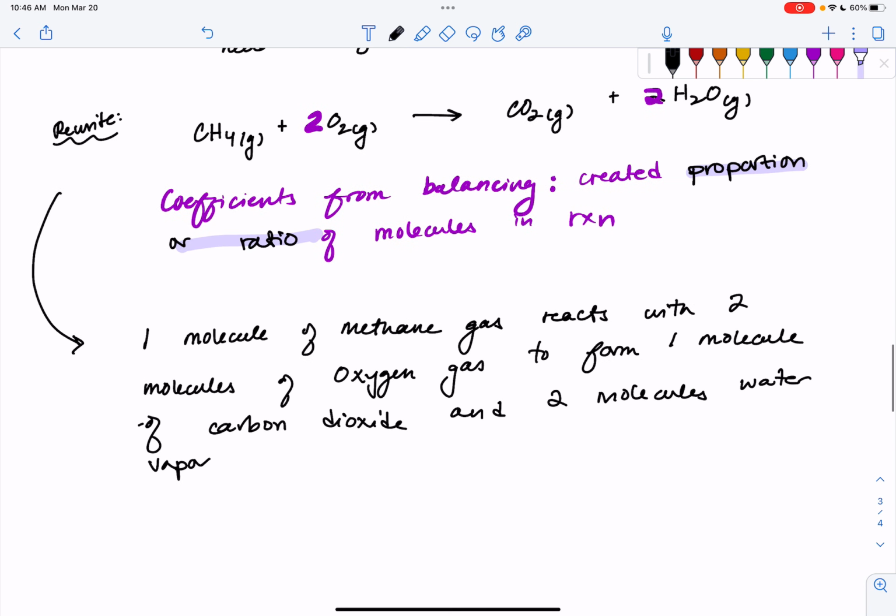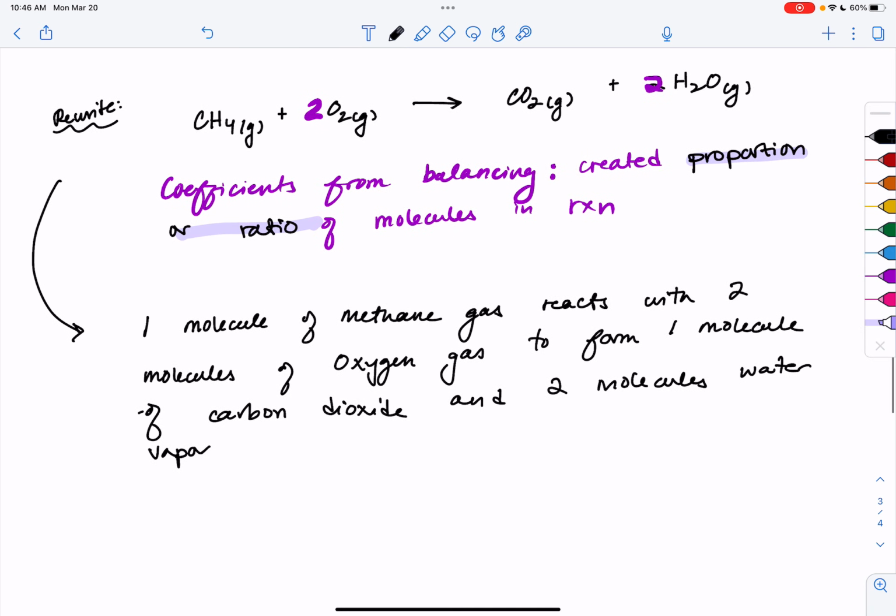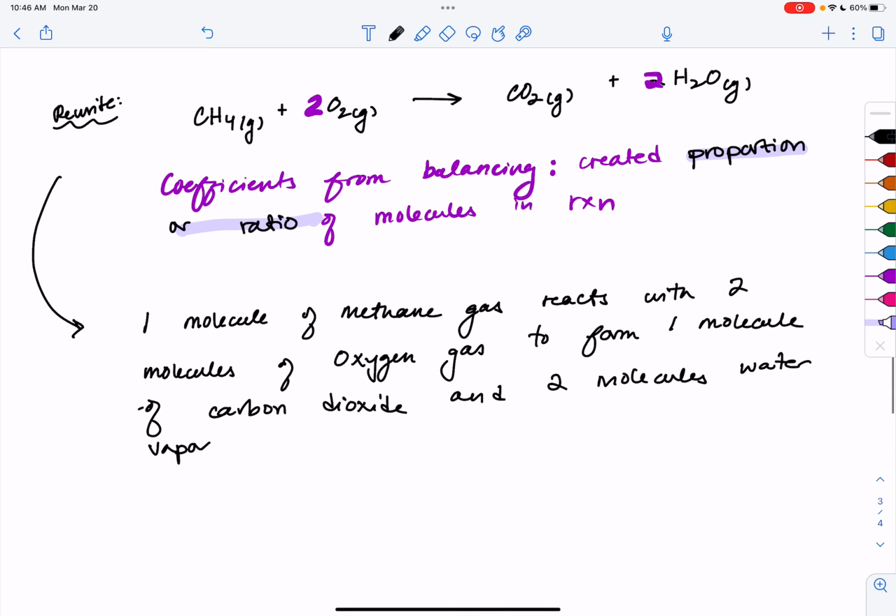So I've created, in effect, a recipe. That's what my balanced chemical reaction is. It tells me my molecular ratio needed for my reaction to proceed. So I can say that for 1 mole of CH4 reacted, that only happens if I've got 2 moles of O2 that are also reacted.